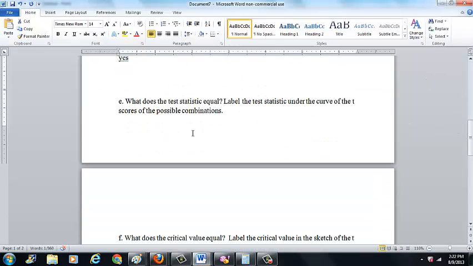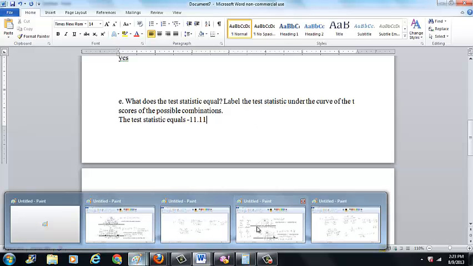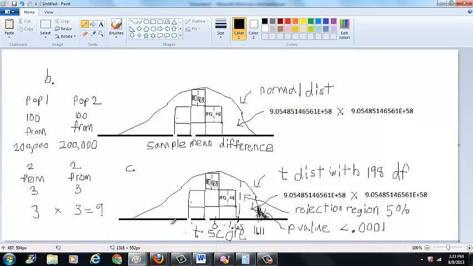The test statistic equals negative 11.11. And we need to draw the test statistic inside of the curve in part C.